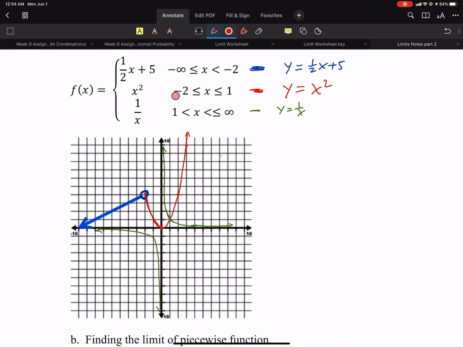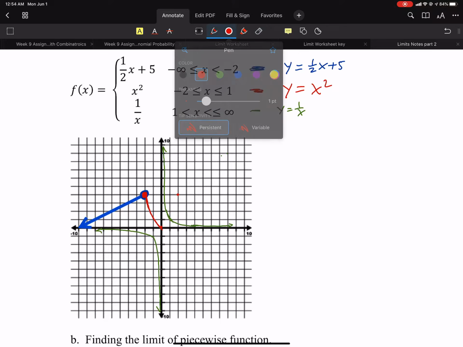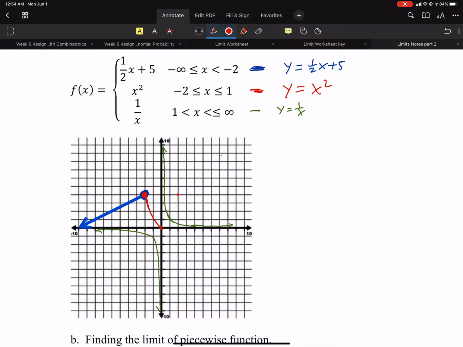This graph exists at negative 2, so I do want to color in at negative 2. And then at 1, this graph is defined for x equals 1, and it stops at 1, so I don't want anything past 1, so I want to get rid of anything to the right of 1. But it does exist at 1, so I want to color that in there.